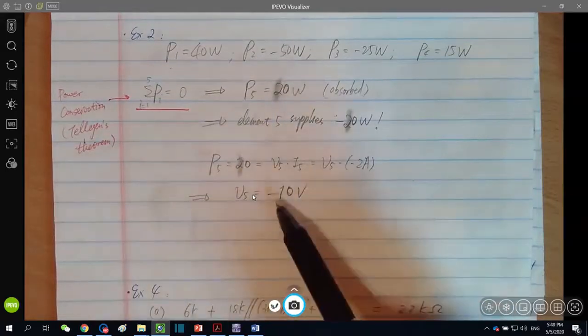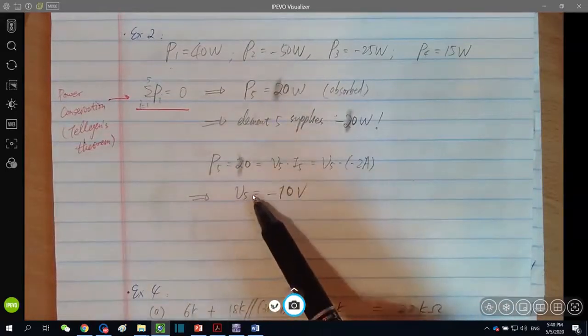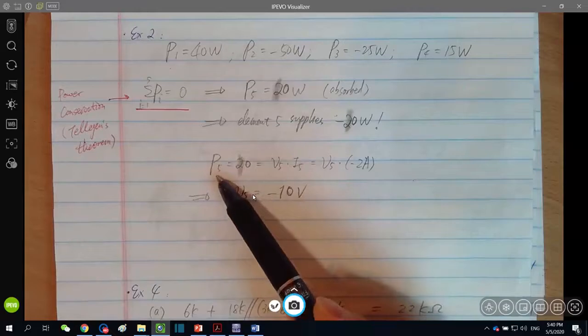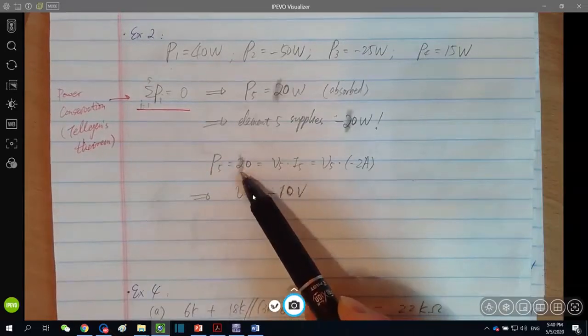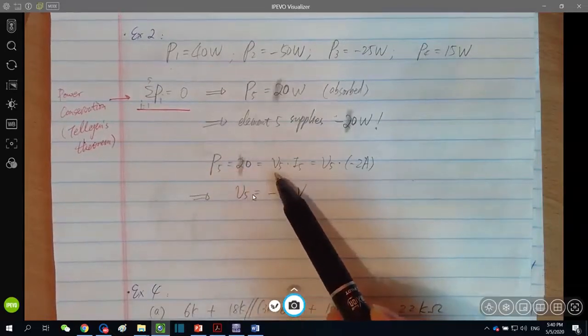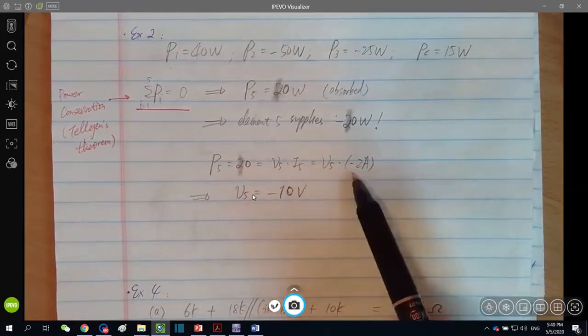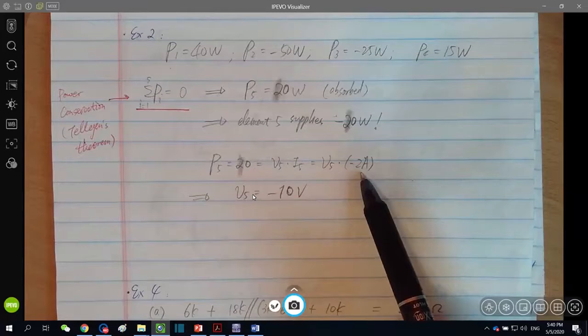And we're also looking for the voltage across the 5. What we should notice is how to find the voltage. The power, 20 watts positive, equals V5 times I5. Right? I5 is given as negative 2 amperes, and also be careful with the passive convention.